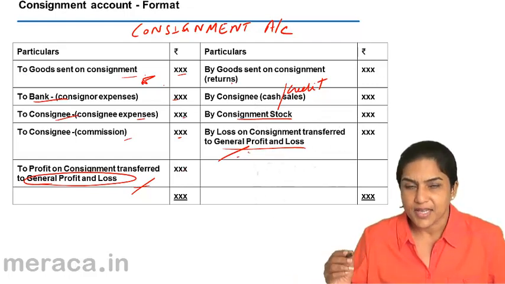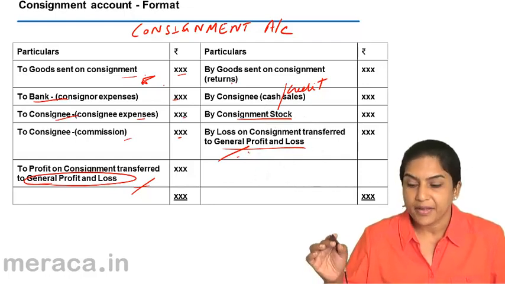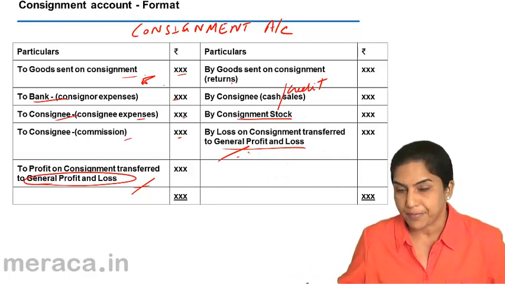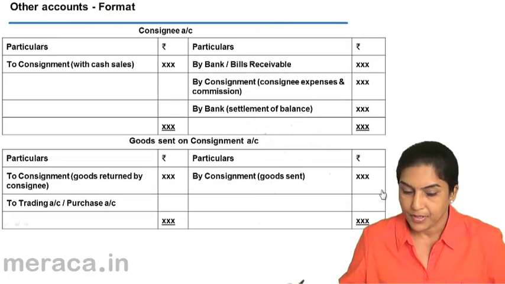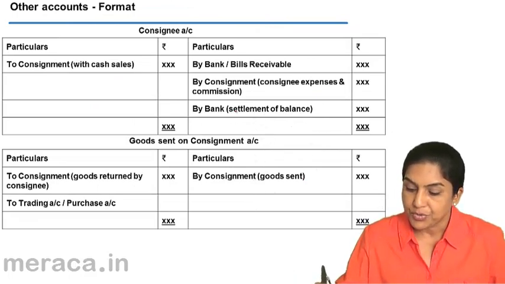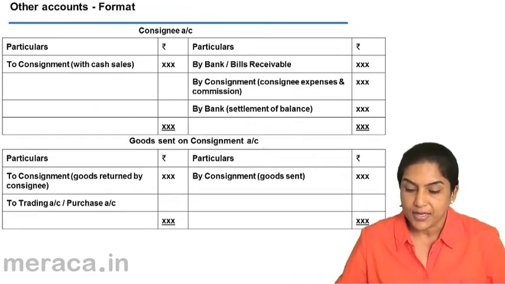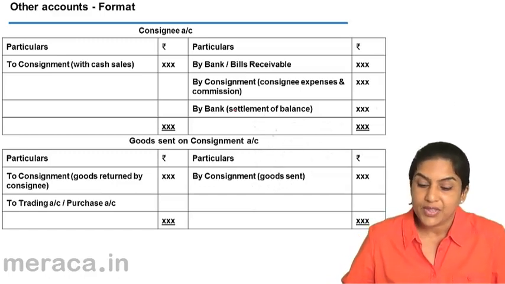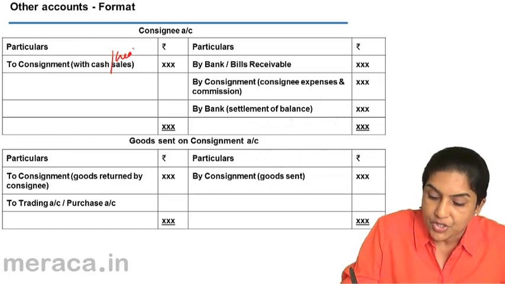The same thing, the same accounting entries, simply represented in a ledger format. What about the other accounts? What would the consignee's account look like? Consignee's account is debited with the amount of sales, whether cash or credit.